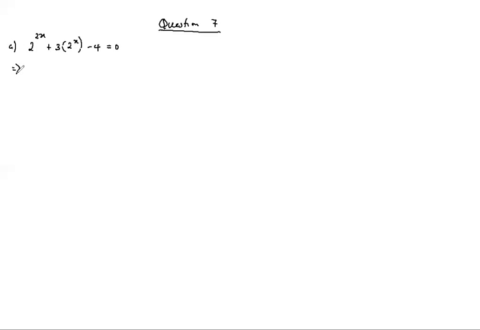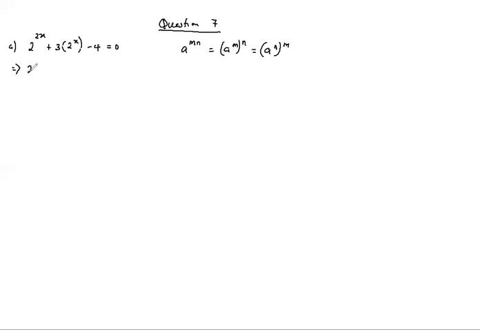So we have 2 to the power, remember, if I have a to the power mn, I can write it as a^m to the power n, or as a^n to the power m. So here we have 2 to the power 2x.